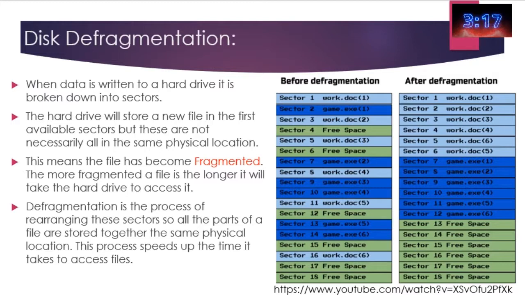Disk defragmentation. Well, once you've been using your hard drive for a while, you've deleted things and you've added new bits of work on there, or videos or large segments of data, it's quite possible that the hard drive is now being fragmented. And all that means is that, you can see here this light blue color, rather than store all the data physically together, it might well be broken down into different parts. So you'll see this particular work.doc is actually split across different parts of the hard drive.